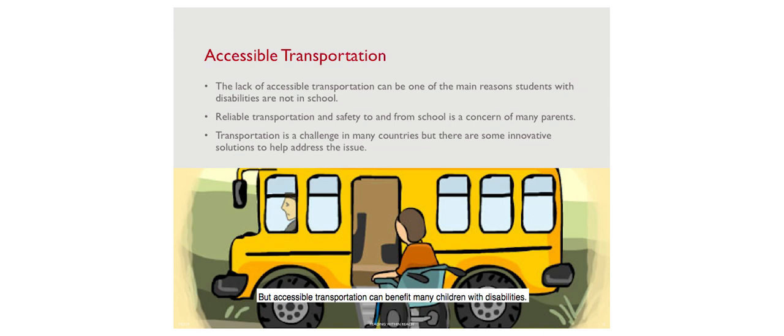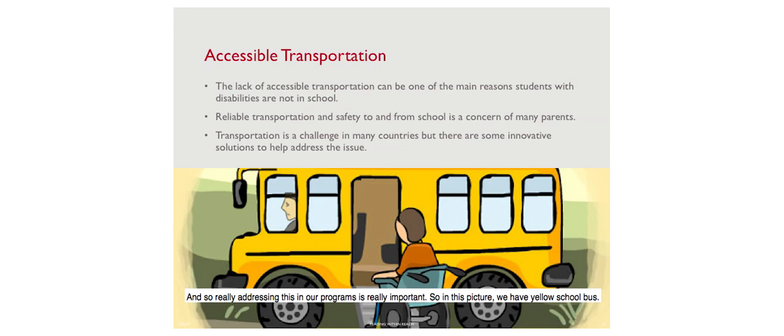But accessible transportation can benefit many children with disabilities, because the lack of it is one of the main concerns for parents about why they don't send their kids to school. There's concern that there could be violence or sexual abuse going to and from school. So really addressing this in our programs is really important.